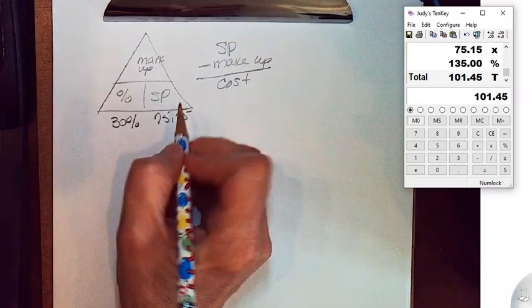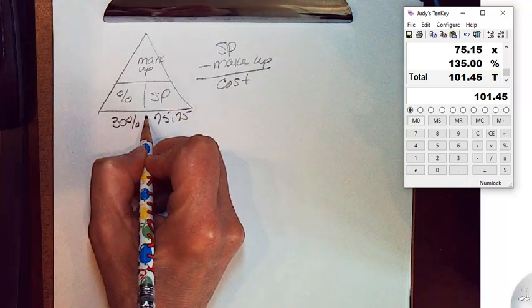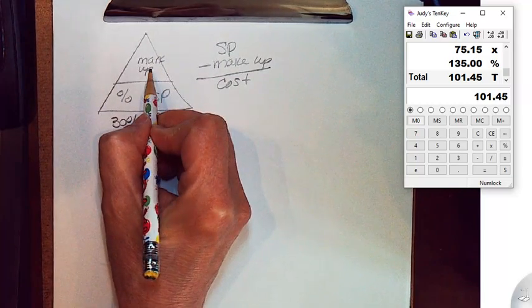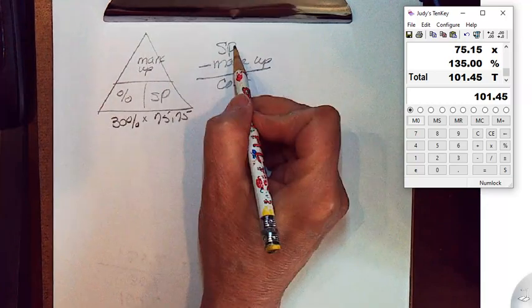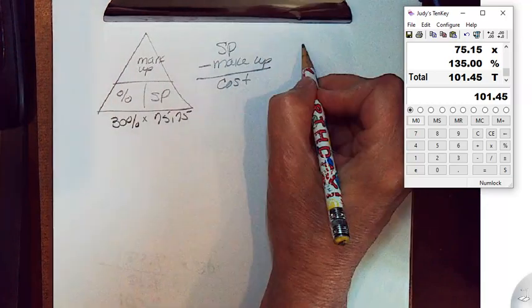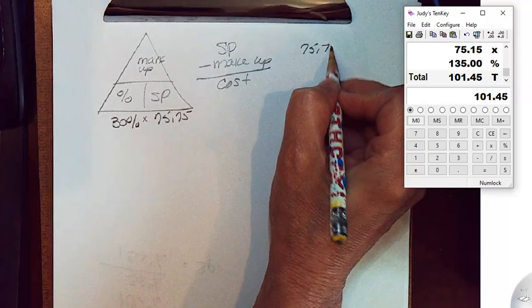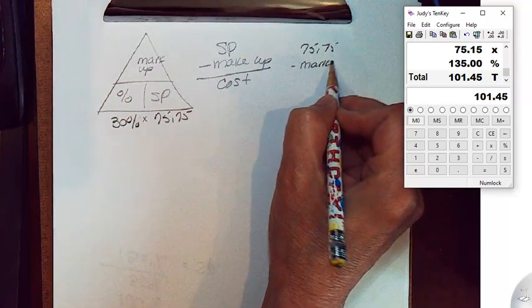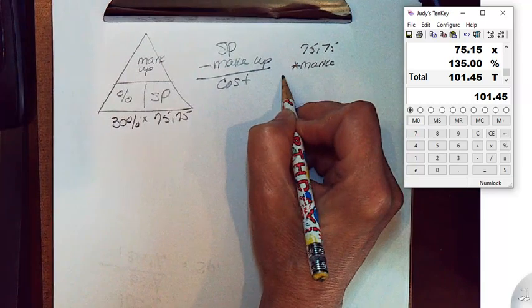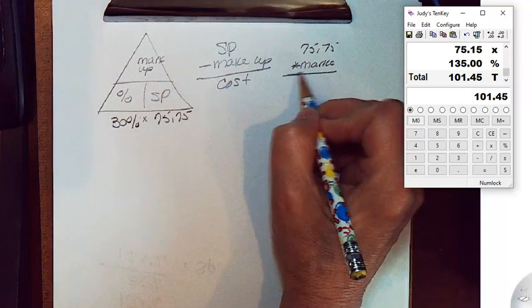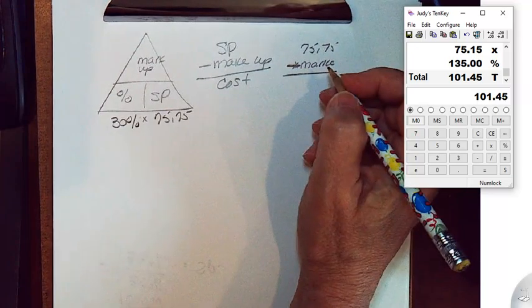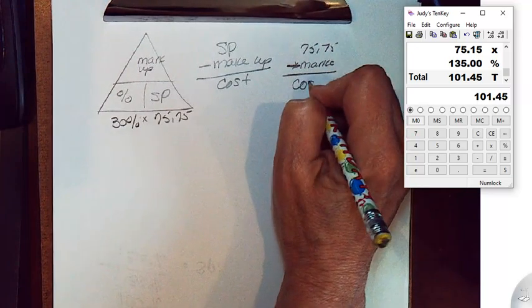So the $75.75, when they're side by side, you're going to multiply, and that will give you how much it's marked up. So I know selling price. I'm going to multiply to get the markup. And then I'll subtract to get the cost.